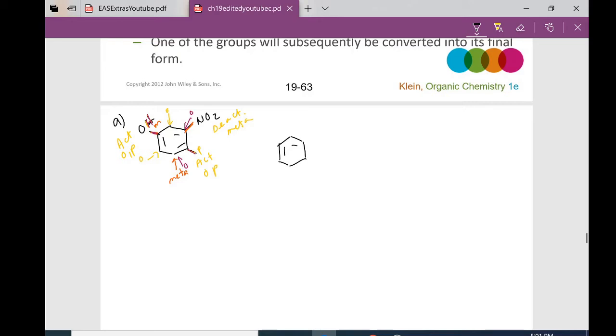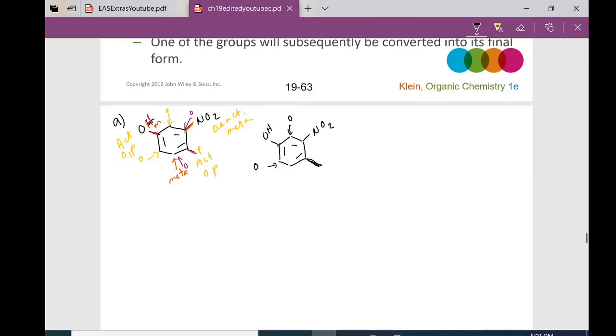Okay, so what is going to be the most likely position to receive a substitution in an electrophilic aromatic substitution? The most likely position is going to be ortho to that OH group because it's a strong activator, and activators are ortho-para directors, and our para position is blocked. Okay, so these two ortho positions are going to be the more likely positions.